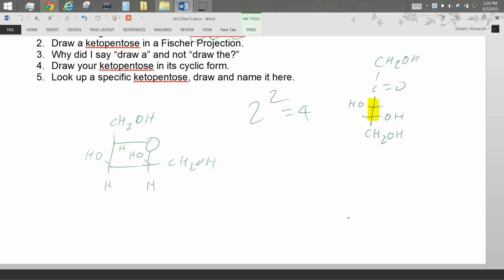So when the carbohydrates go into their cyclic form, the ketones have a carbon hanging off on both ends, and the aldehydes have a carbon hanging off on one end. And so you'll always have 1 less than the total number of carbons for the ring structure for ketones.